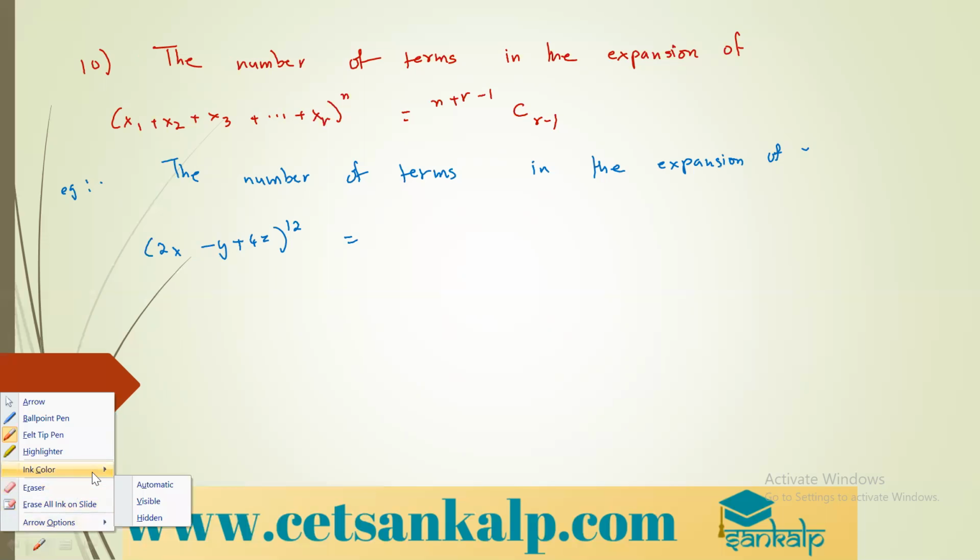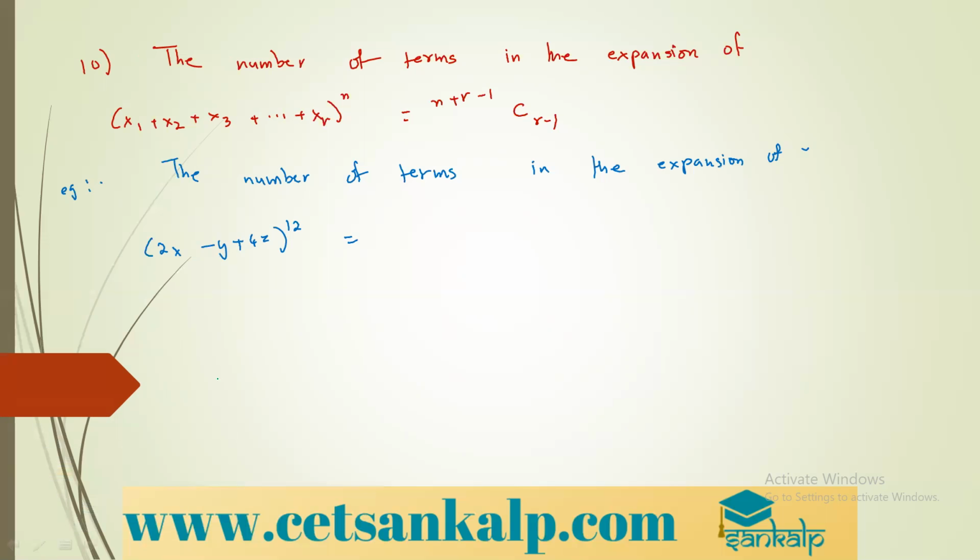First of all, looking at it, I have to write a few pieces of information. The number of terms r is 3. The power n is 12.